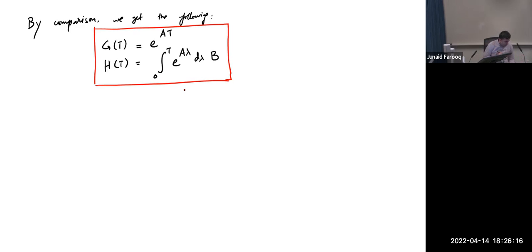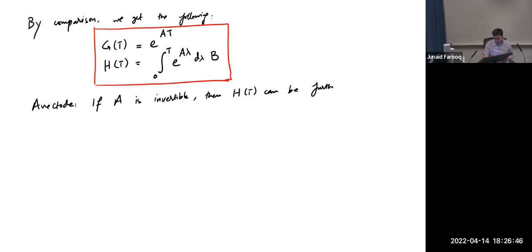Okay, there's a small anecdote here I can also mention. If A is invertible, then H(T) can be further simplified as follows.